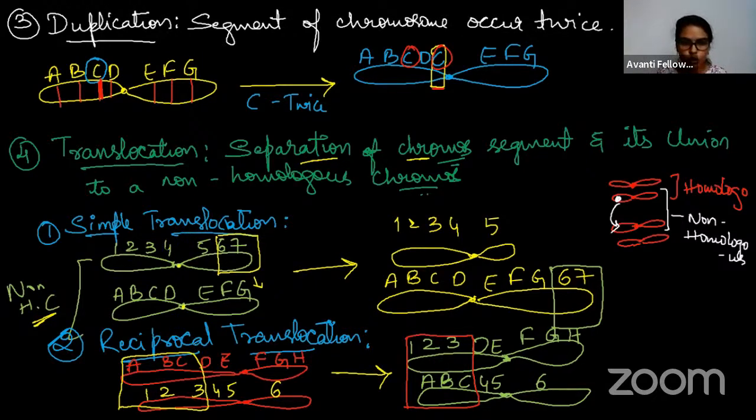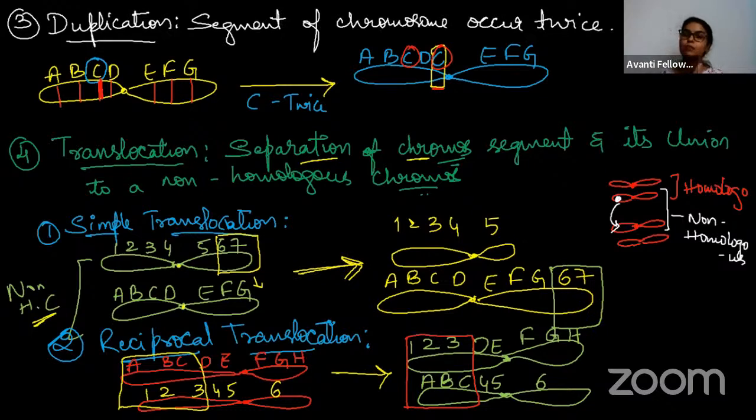Here I have taken 1, 2, 3, 4, 5, 6, 7 as one chromosome, then A, B, C, D, F, G as another chromosome. Now this 6, 7 segment will separate and bind with the non-homologous chromosome. Here I have shown you the result: 6 और 7 का जो segment निकला था, it is going to join with the non-homologous chromosome.